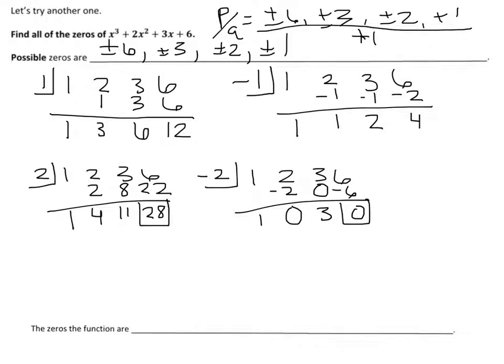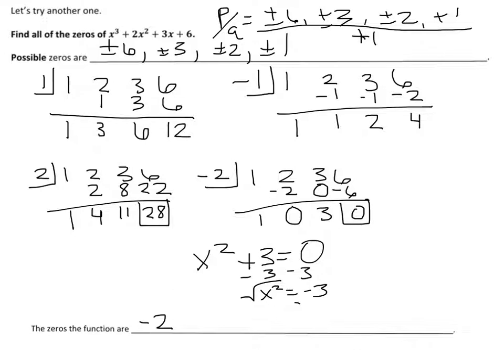So now that I have the 0, I know that one of the zeros is negative 2. And now I want to figure out the rest of them. And so I have x squared plus 3 equals 0. I'm going to subtract 3 from both sides so that I have x squared equals negative 3.